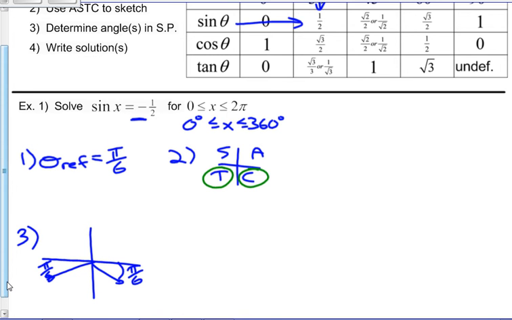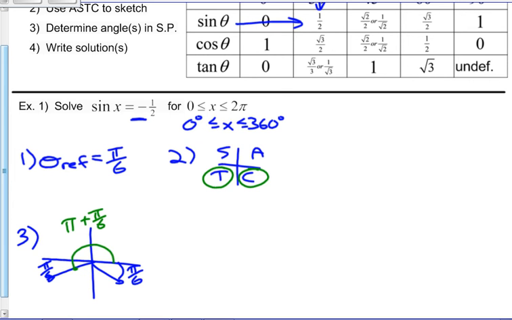And if you're not very familiar with radian measure, this is the part where it may take a little bit of extra work. So let's think about this. If I want to find that first angle, I'm going to go those 180 degrees, which is pi radians, plus another pi over 6. So I have pi plus pi over 6.